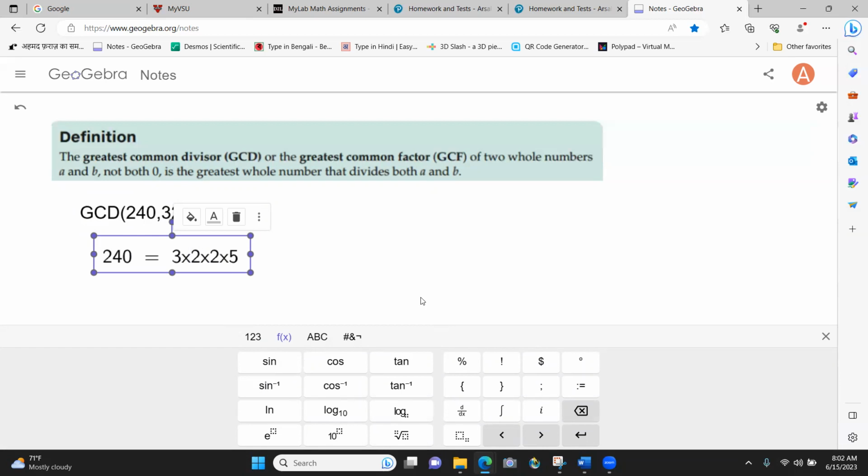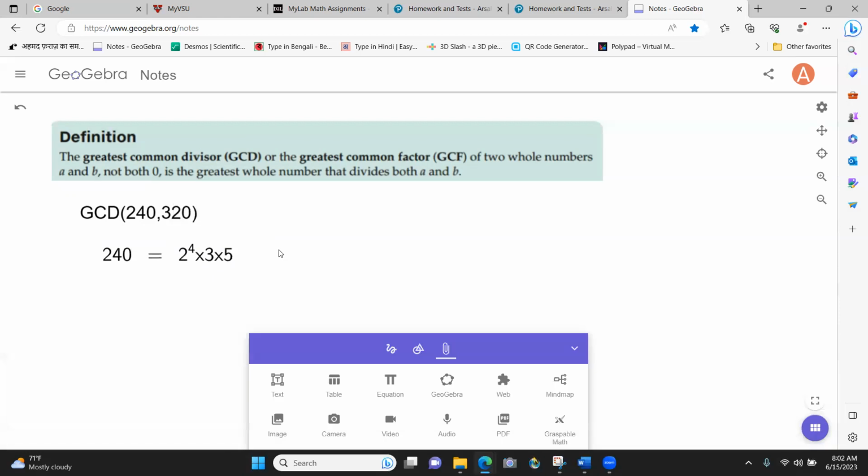Instead of 2 to the power 3 times 2, I can write 2 to the power 4. I like to write things in ascending order. So basically, 240 is 2 to the 4 times 3 times 5.